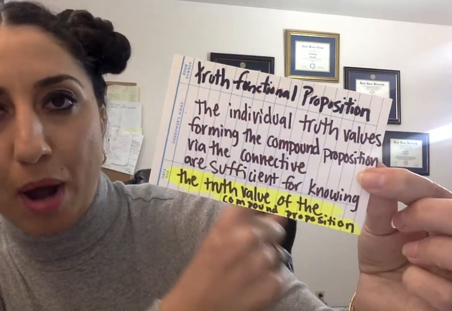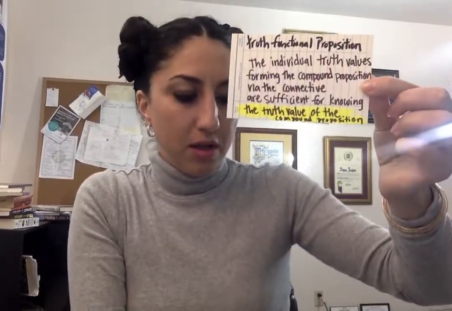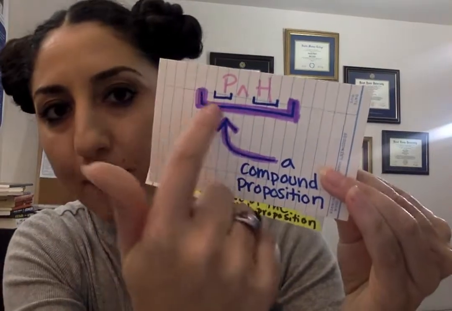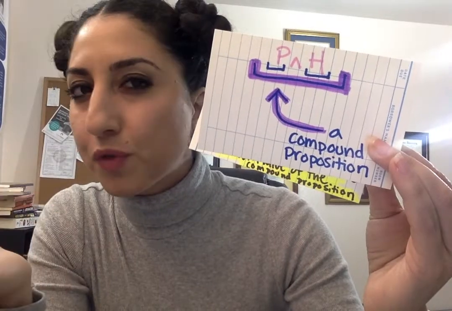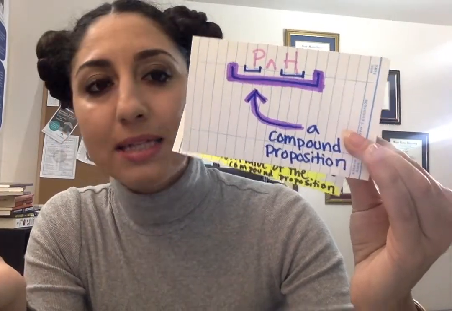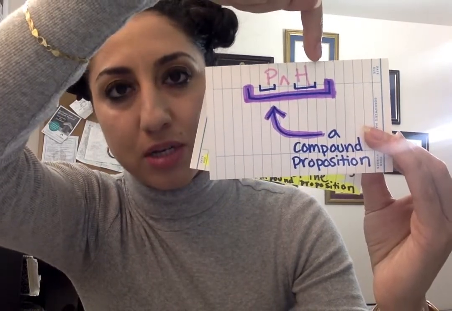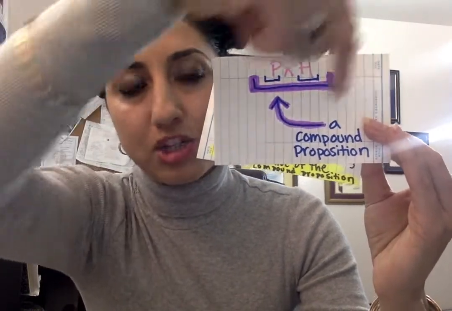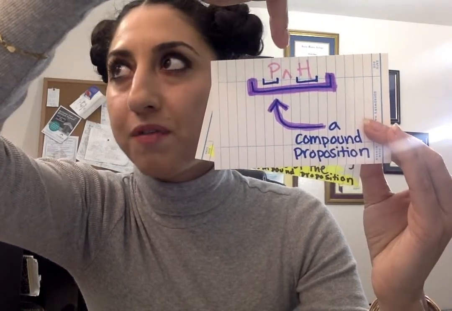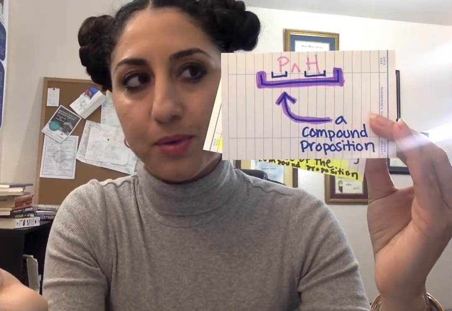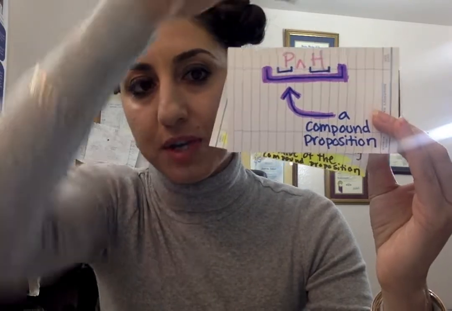A truth functional proposition is the compound proposition, potentially. And how is it a truth functional proposition? It's if the individual proposition and the other individual proposition done the operation that the connective is telling us to do, if you can figure out the truth value of the compound based on those truth values of the individuals.